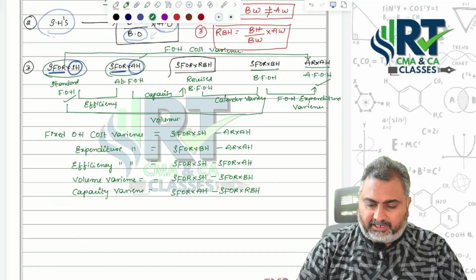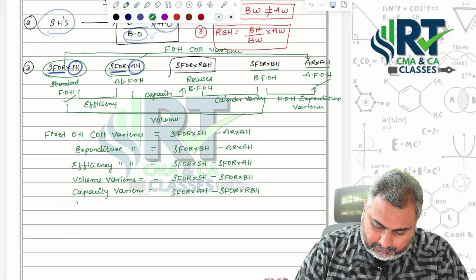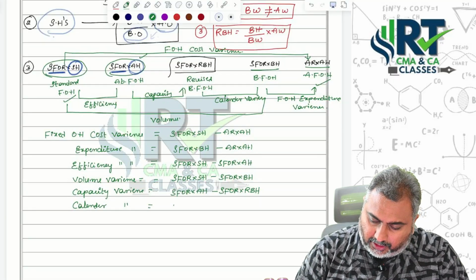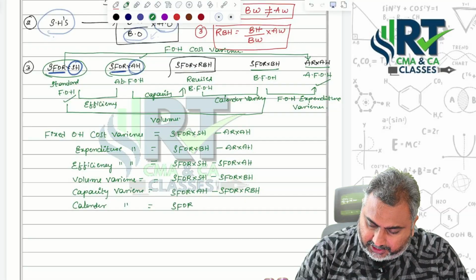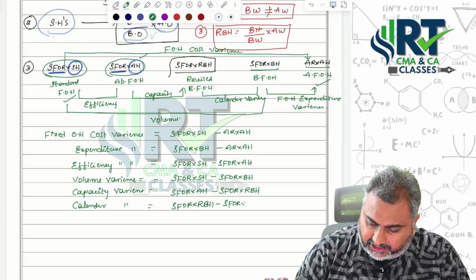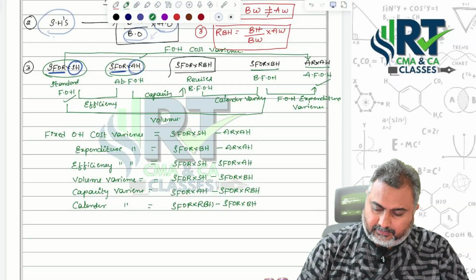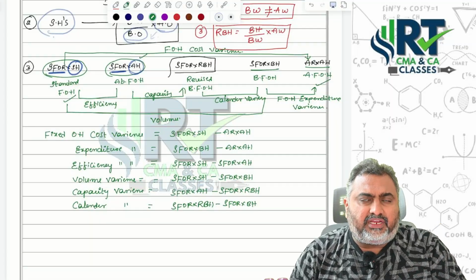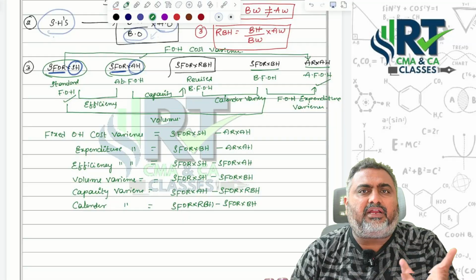That is calendar variance. Why, I will once again tell you. The formula is SFOR into RBH minus SFOR into BH. Sir, why does RBH come into the picture? Because of the difference between the working days.